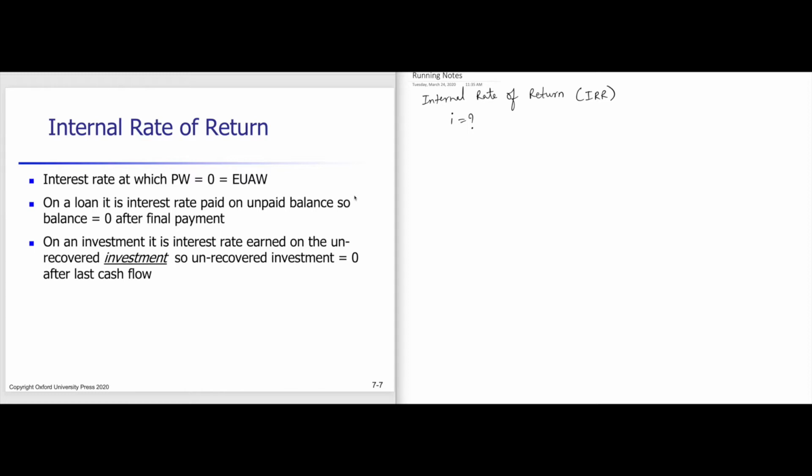for a given condition. The definition of internal rate of return is the interest rate at which present worth is equal to equivalent uniform annual worth, which you can see on the slide on the left, or net present worth should be zero, any one of them, for a given cash flow.